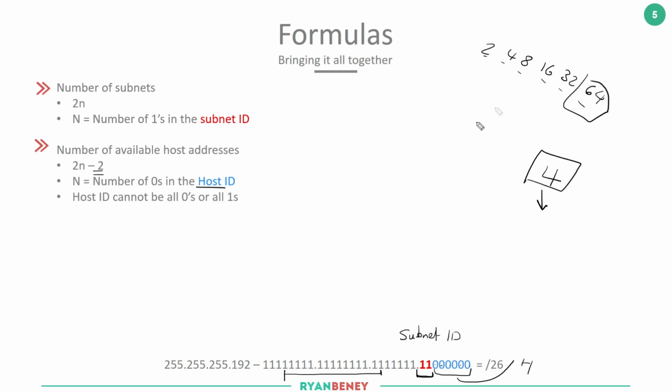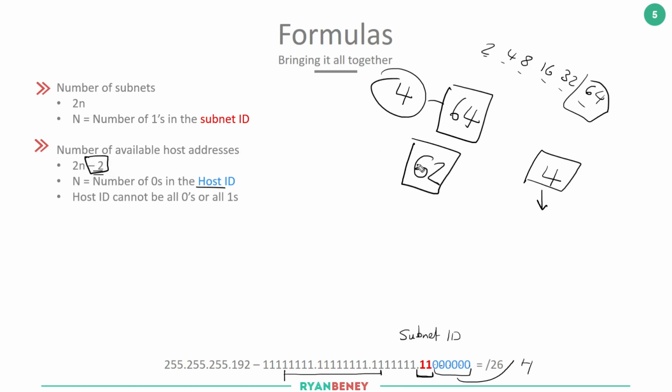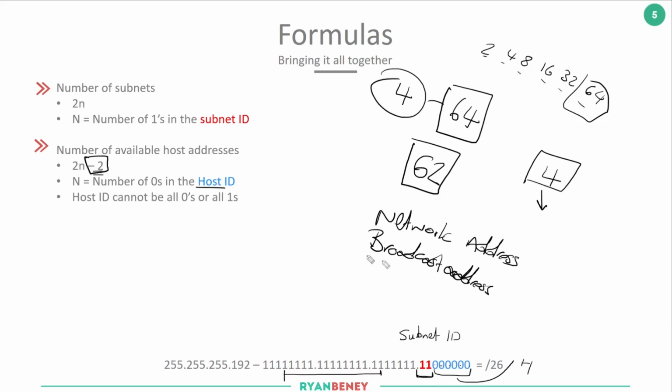So that means that we have 4 networks, and in each network there's 64 available hosts. But we also need to minus 2. So that means there's 62 available hosts. And the reason for that is because in each network there's a network address and a broadcast address. And we'll get into that in a moment and explain in a bit of detail what they actually mean.